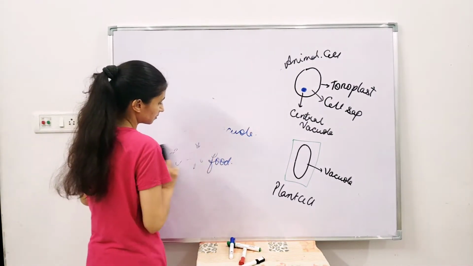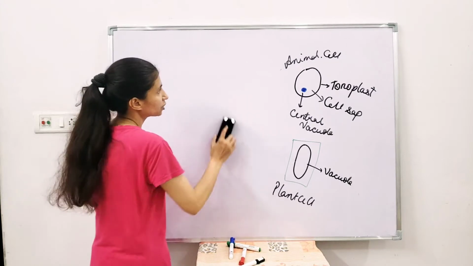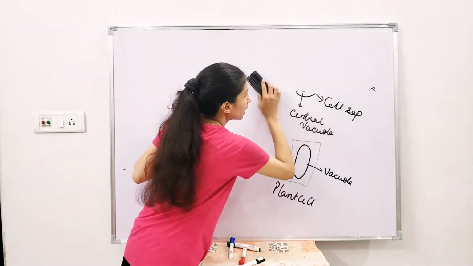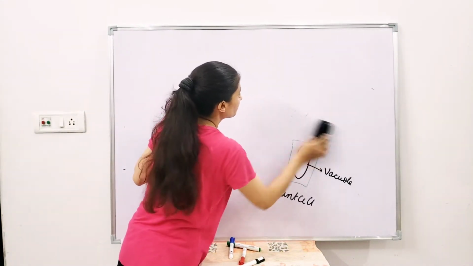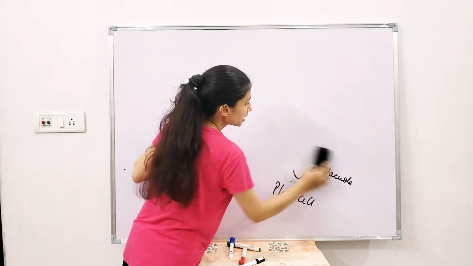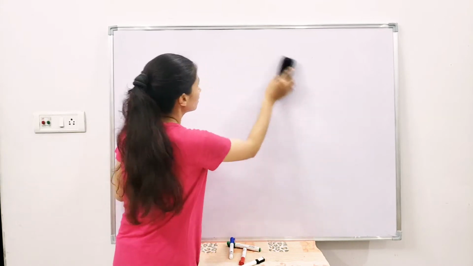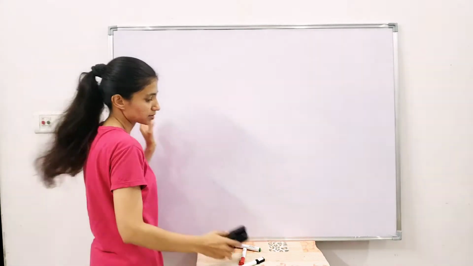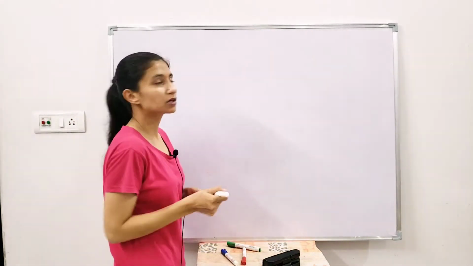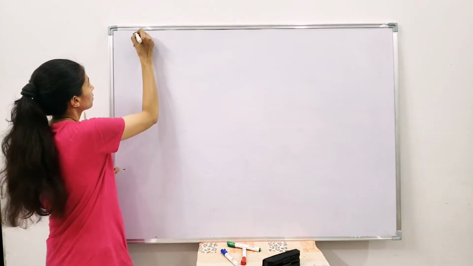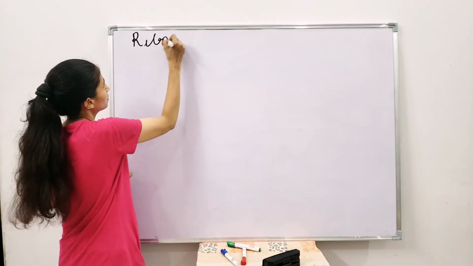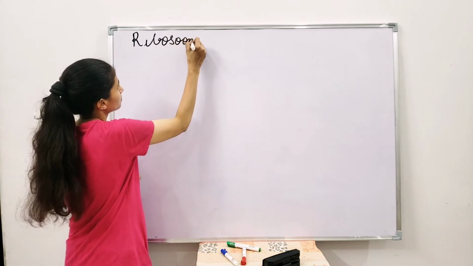Okay, so this was the last part that we studied in the endomembrane structures that we started in the previous lecture. Now we'll move ahead with another type of structure, which is not an endomembrane structure, but it is an important cell organelle which we need to study. Without that organelle the whole cell cannot work.